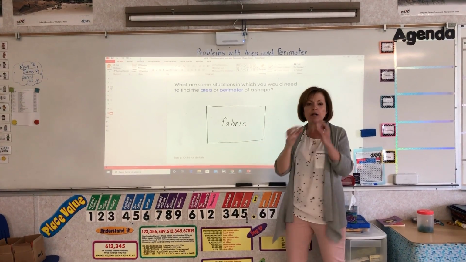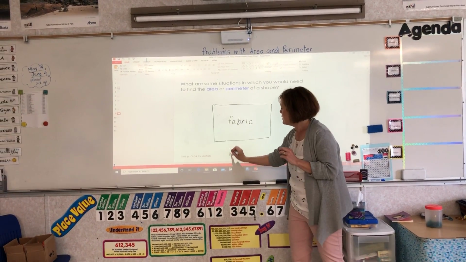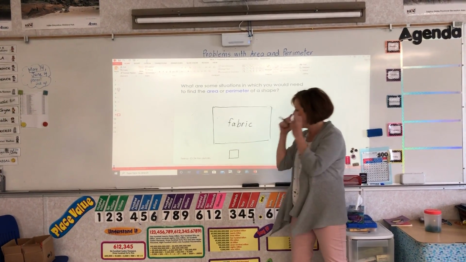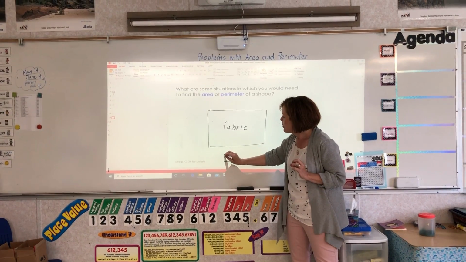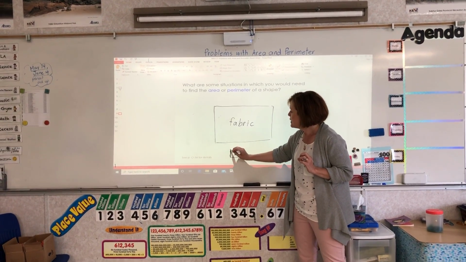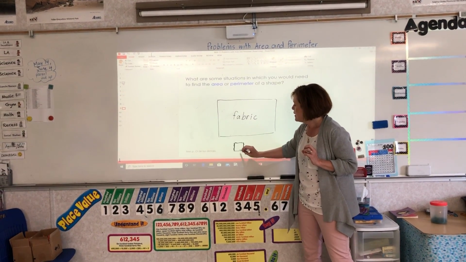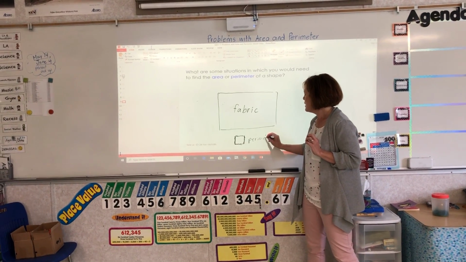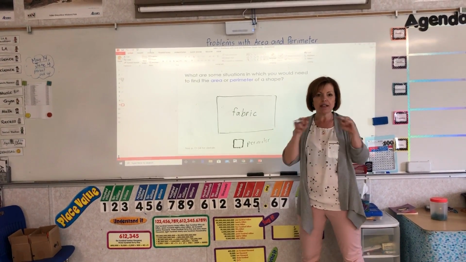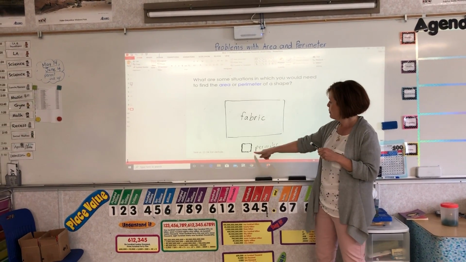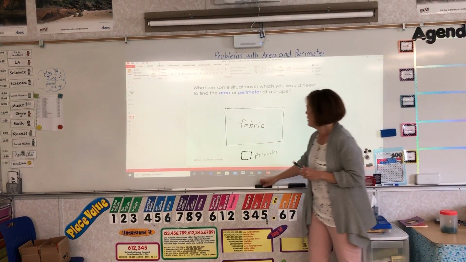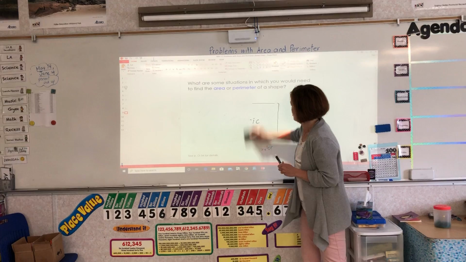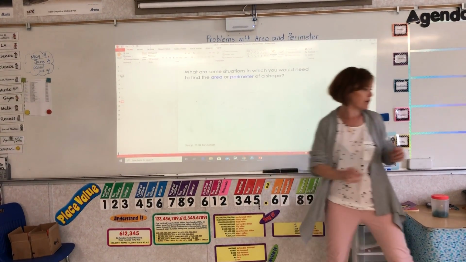But if you needed to put elastic on the outside of each piece, a little square mask that you were making, you would measure around the outsides of that mask, and that would be when you use perimeter to find out how much do I need around the outside of something, the rim or the perimeter of that. Those are just a couple of examples. I'm sure you can think of more.